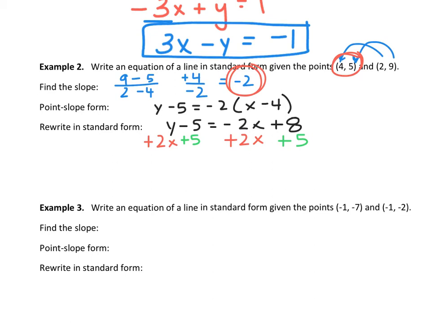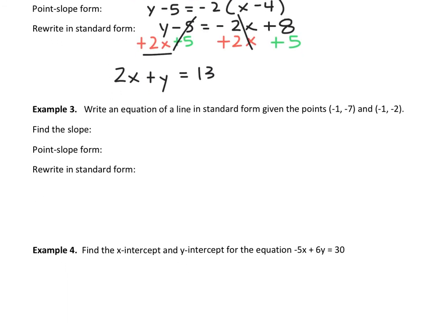On the left-hand side, I'll have a 2x and a y, because the 5's cancel out. On the right-hand side, the 2x and the negative 2x cancel out, and I'll have 13. So this is written in standard form because x and y are on the same side, there are no fractions, and the coefficient of x is positive.